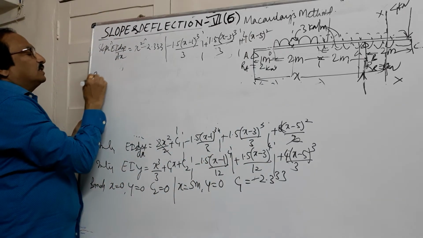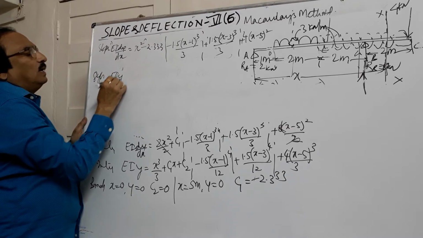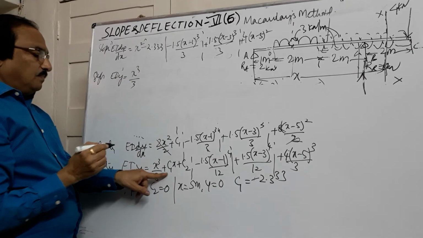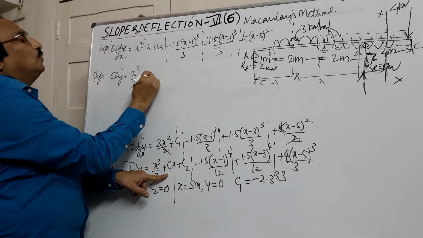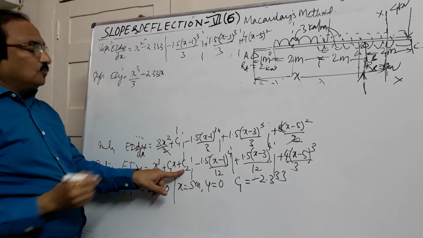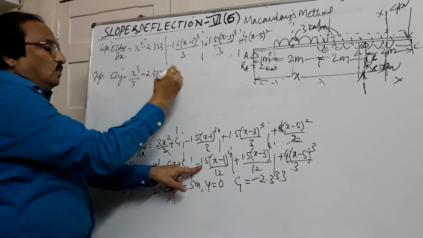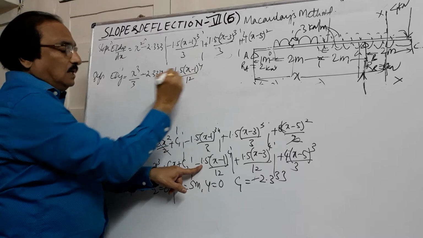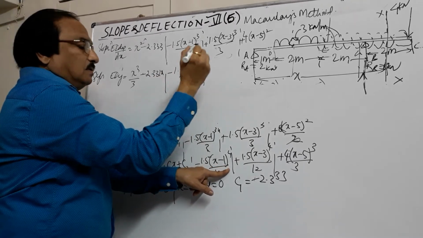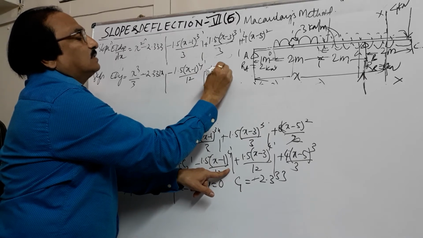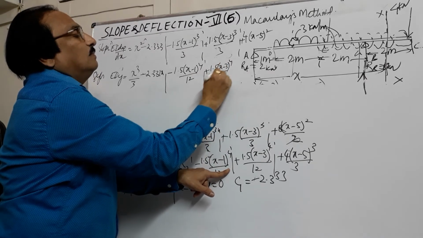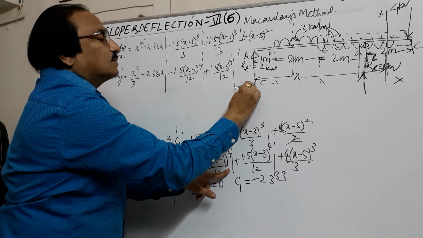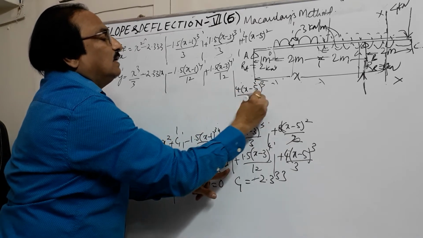Likewise, we have got the deflection equation: EI into y is equal to x cube by 3 plus C1x, minus 2.333 into x. C2 is 0 here, then minus 1.5 into (x minus 1) raised to 4 divided by 12, plus 1.5 into (x minus 3) raised to 4 divided by 12. Further I will write here 4 into (x minus 5) raised to 3 divided by 3.